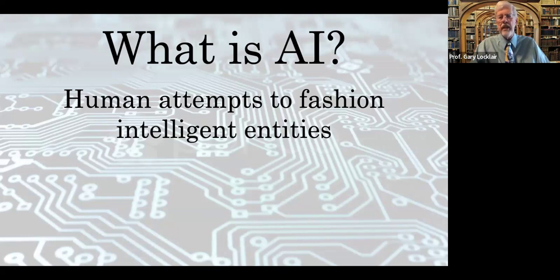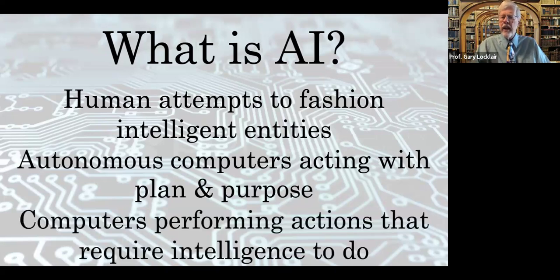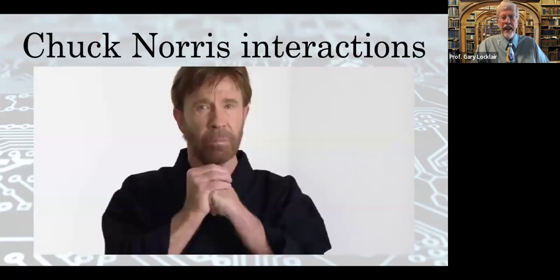Human beings, in lots of different ways over the millennia, have attempted to fashion intelligent entities. Now, today in the 21st century, when we hear AI, we think about computer systems. So AI is autonomous computers acting with plan and purpose. And finally, computers performing actions that would require intelligence to do. So tuck that away as our definition of AI.